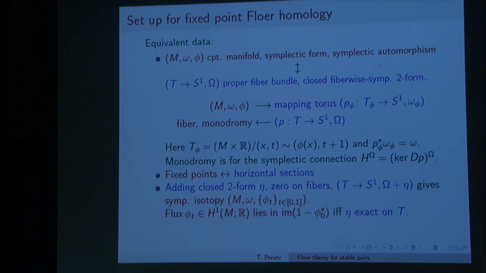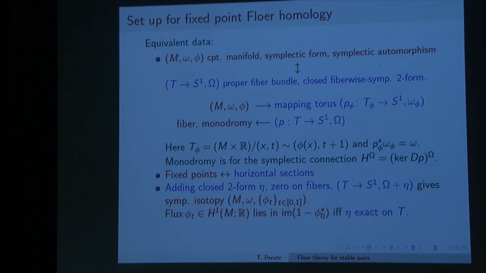There's an equivalence of categories. It's equivalent to think of the following data that I've written in blue. You take a proper fiber bundle T over the circle, together with a two-form capital Omega on its total space, which is closed and which is fiber-wise symplectic.